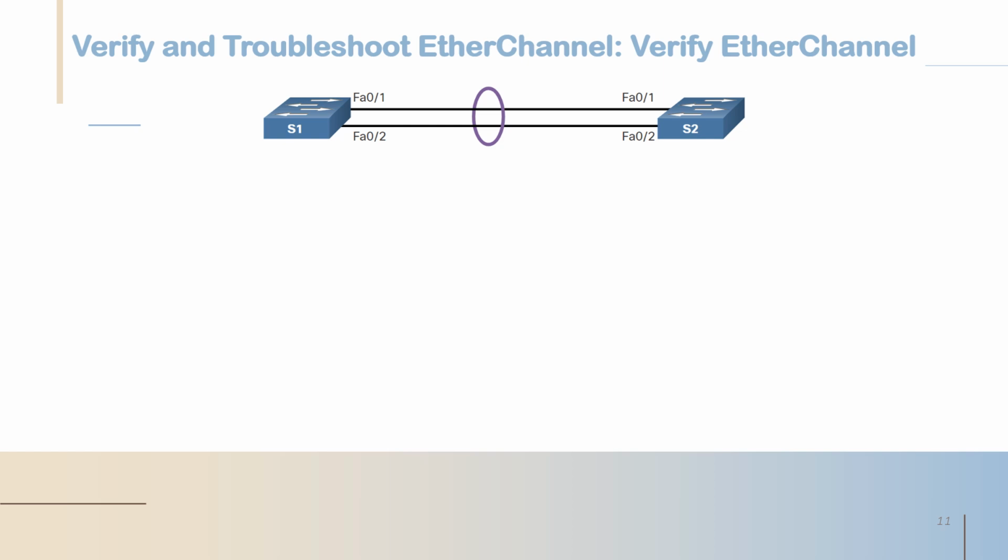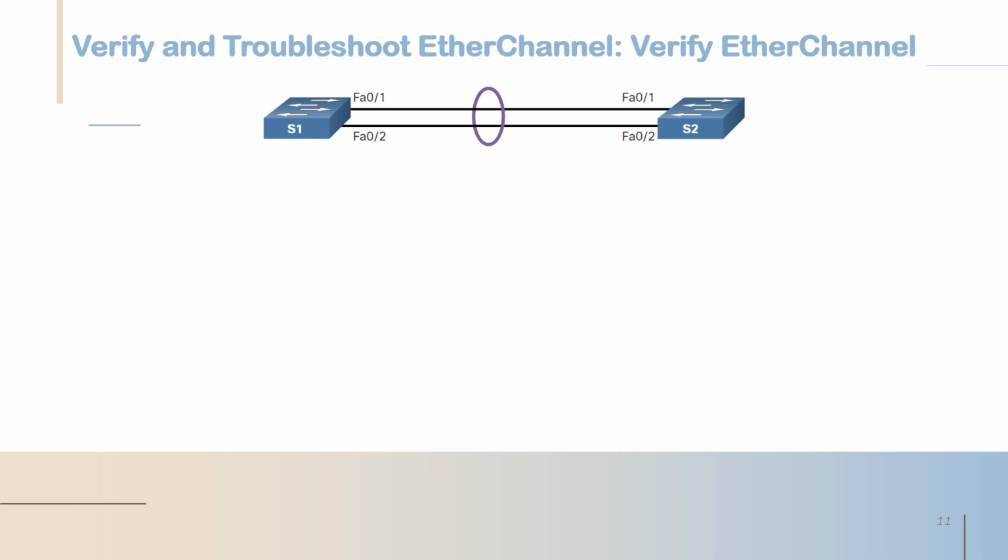As always, after we configure our devices, what we have to do is verify the configuration. If there are problems, you will also need to be able to troubleshoot and fix them. Here there are some commands to verify, as well as some common EtherChannel network problems and their solutions.